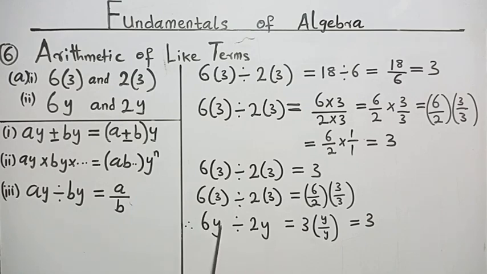Even if 6 is quantifying y to the power 2, for it to be like term with these 2y, 2 must also quantify y to the power 2. That the 2 may be 6y to the power 2 and 2y to the power 2. So that in the end, if what you have here is y to the power 2 over y to the power 2, the answer will still be 1 times this 3. And that is equal to 3.